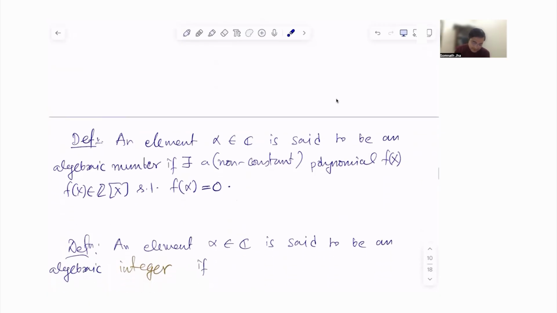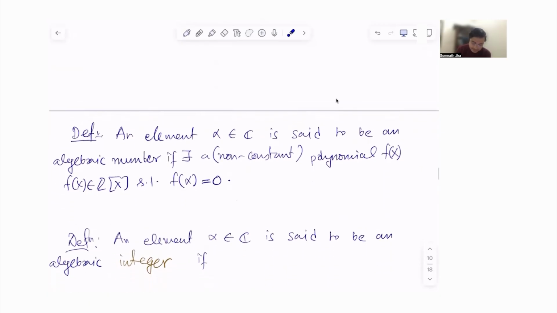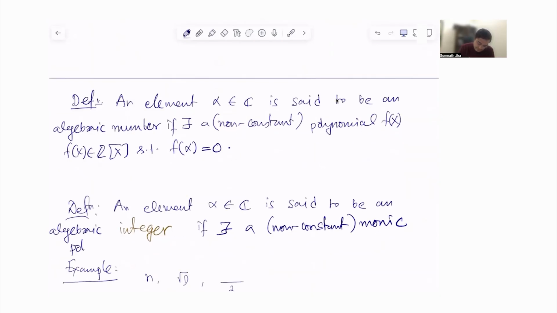Now an element alpha in C is said to be an algebraic integer if there exists a non-constant monic polynomial f(x) in Z[x] such that f(alpha) equals 0.